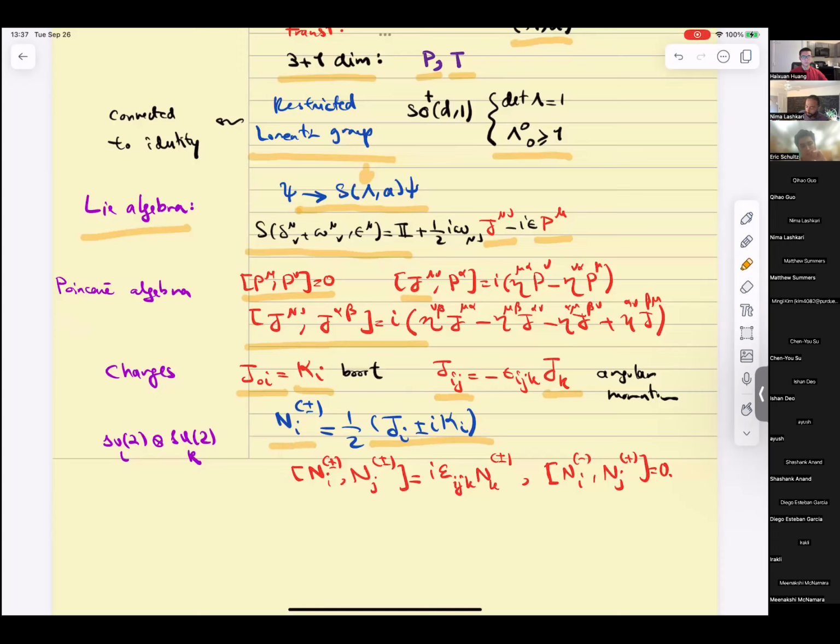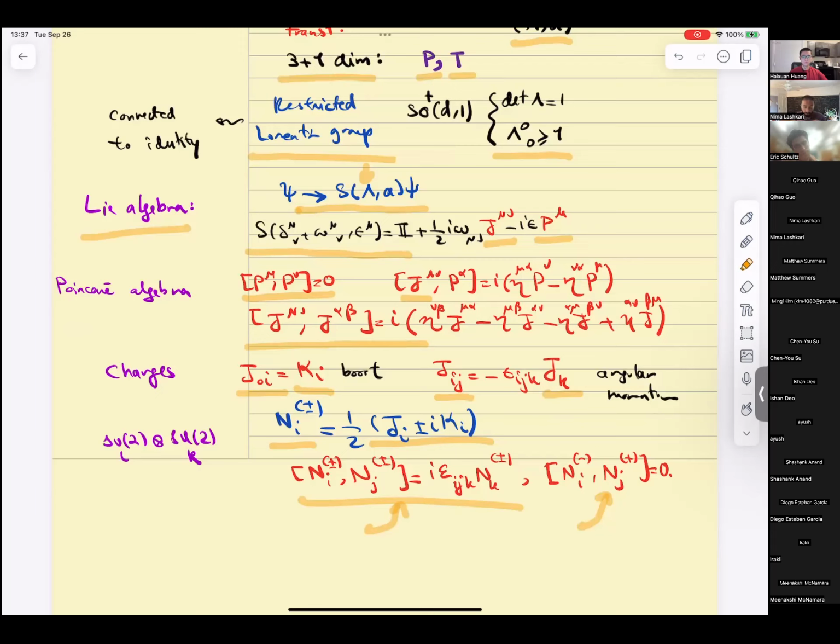Why do you do that? Because that way you could decouple this algebra. You could block diagonalize this algebra into two copies of SU(2) algebra. These are the standard SU(2) relations, and the generators commute with each other. There are two uncoupled copies of SU(2). So this is at the level of the Lie algebra, the tangent space near identity, right?